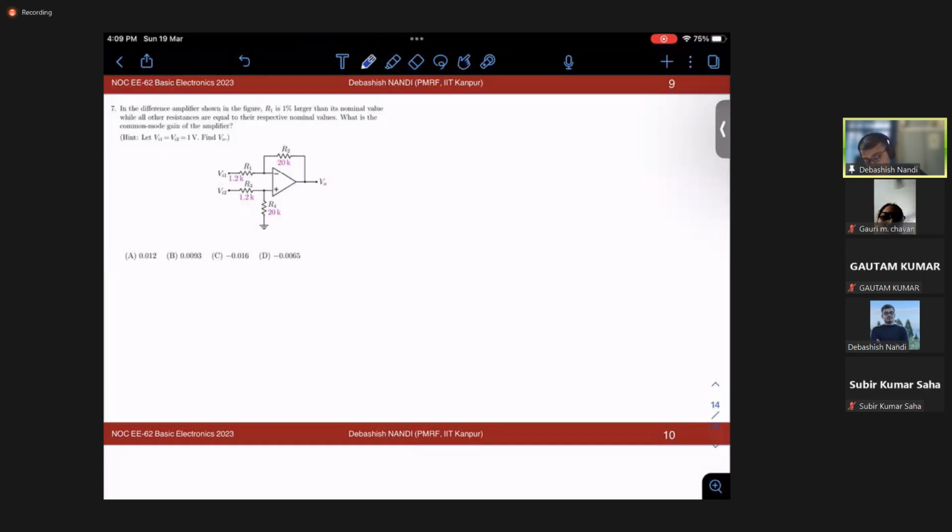So first of all, let us understand what is meant by common mode. If you take any signal, let's say I take a signal like this, I can break it into an odd and even part. Any signal can be broken into a sum of odd and even signals.